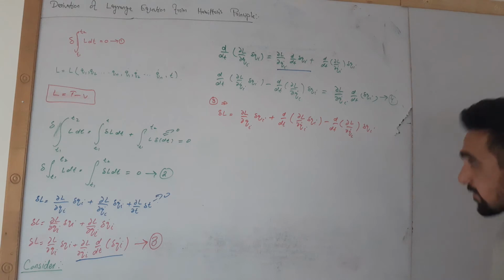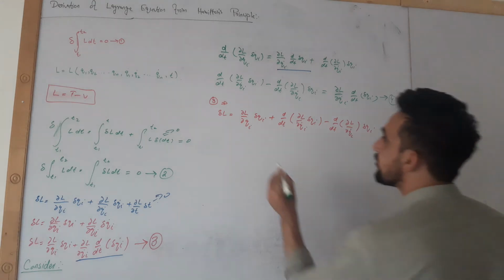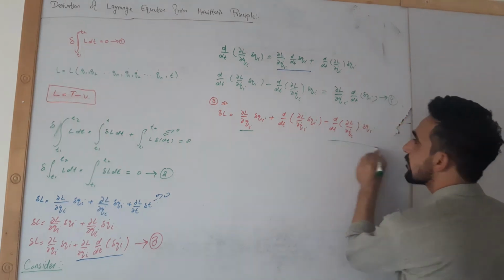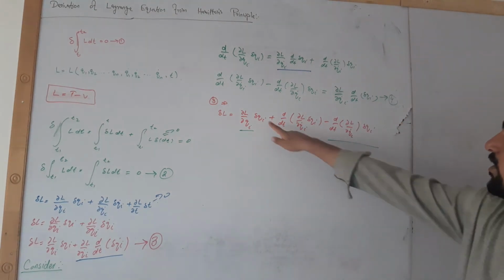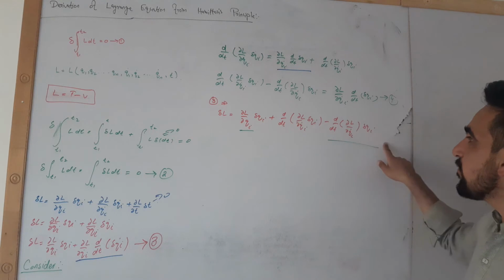Now if we look at term number 1 and term number 3, we have del qi common in both these terms.